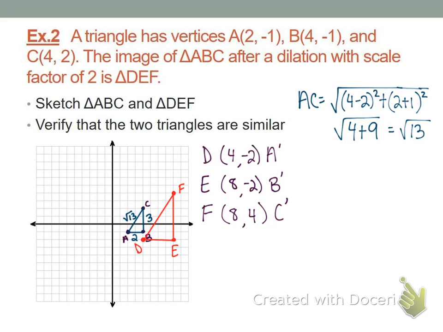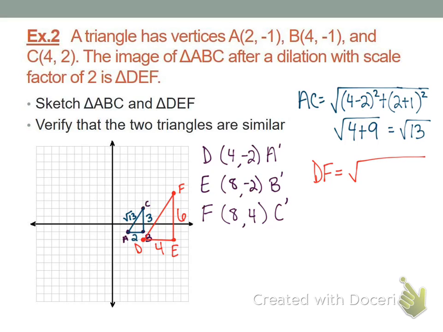Moving on to our other triangle, DE has a length of 4. EF has a length of 6. In order to find the length of DF, we again would have to use distance formula.